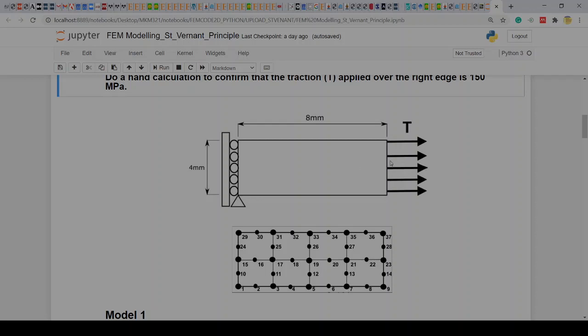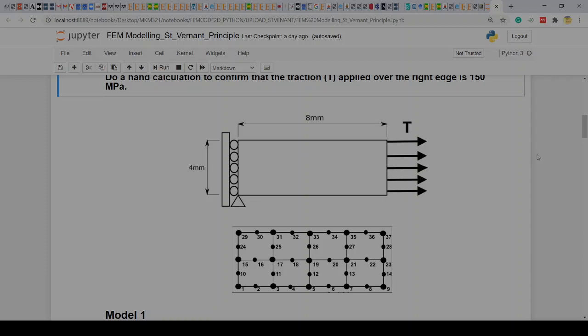If I apply a distribution like this, the sum of moments tells me essentially that it's 0. If I take the sum of moments at any point, I'm not going to generate any moments. You can easily see that: the moments on both sides cancel out.